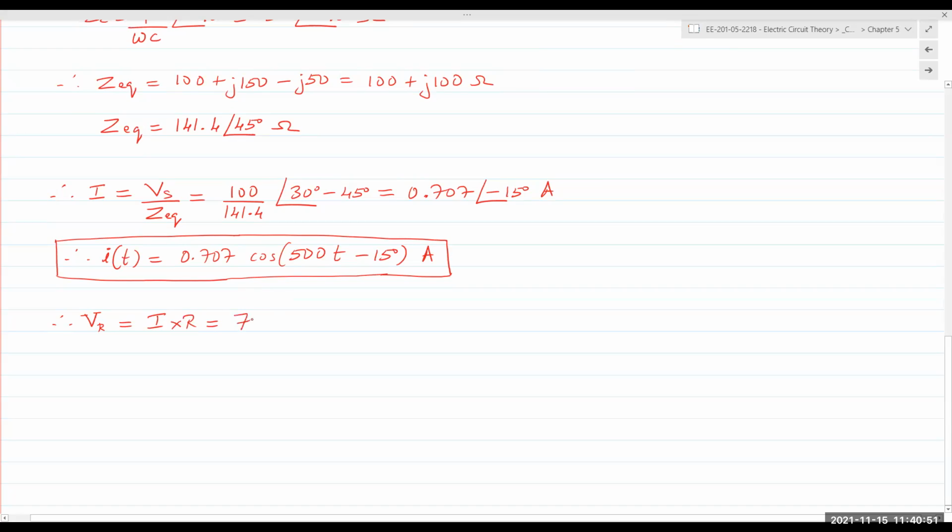So you get volts. And so lowercase vR of t would be 70.7 cos of 500t minus 15 degrees volts.